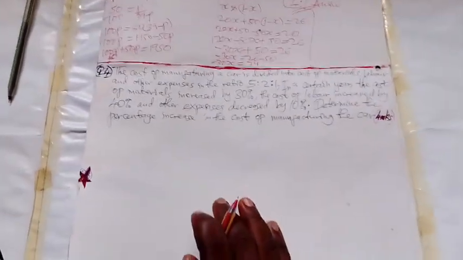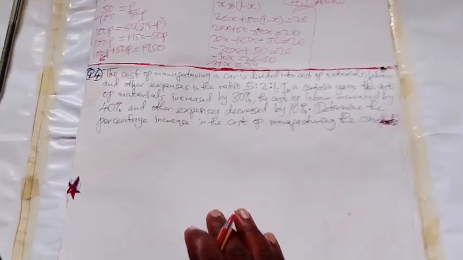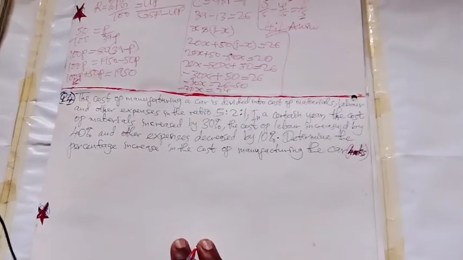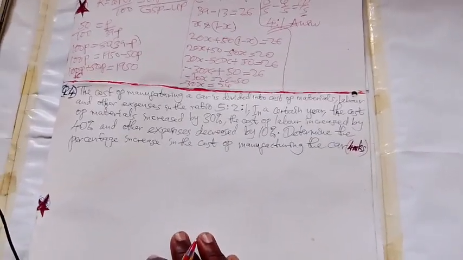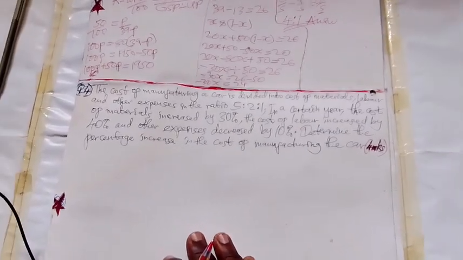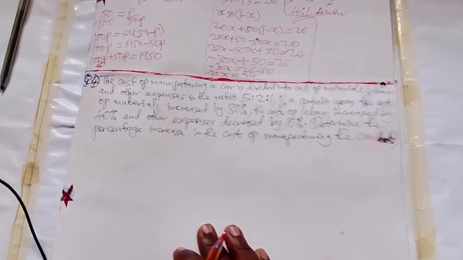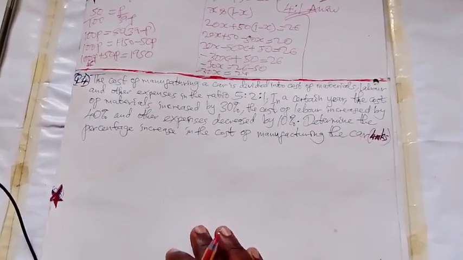So question number 4 states that the cost of manufacturing a car is divided into cost of material, labor, and other expenses in the ratio 5:2:1.